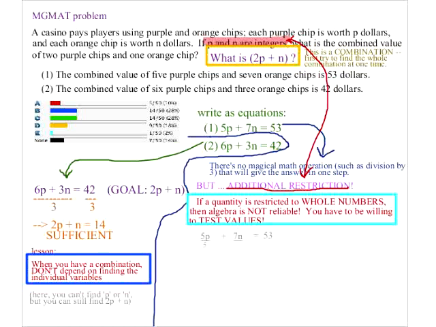So this could be 5. It could be 10, 15, 20, 25, 30, 35, 40, 45, or 50. We don't need to go any higher than 50 because then you're over 53 bucks.